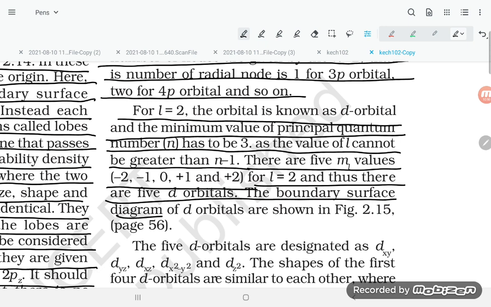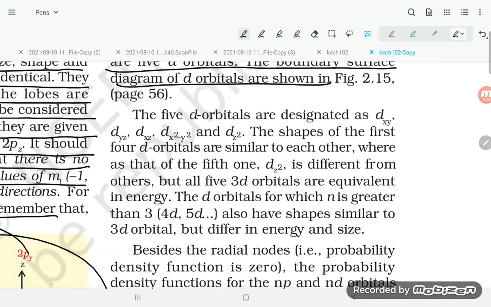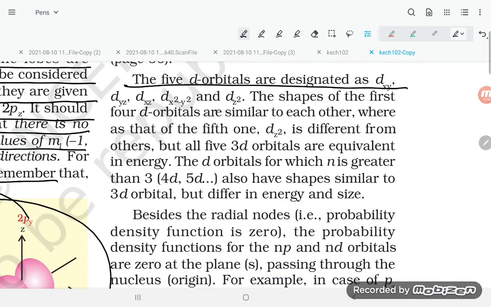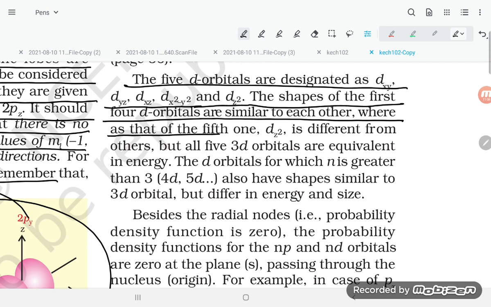The boundary surface diagram is already given. The 5 d orbitals are designated as dxy, dyz, dzx, dx square minus y square, and dz square. The shapes of the first 4 d orbitals are similar to each other, whereas the fifth one, dz square, is different from the others, but all 5 d orbitals are equivalent in energy.